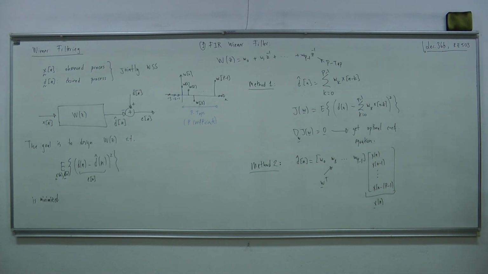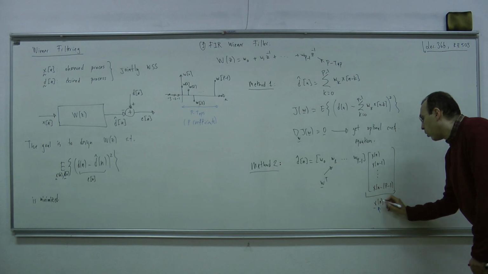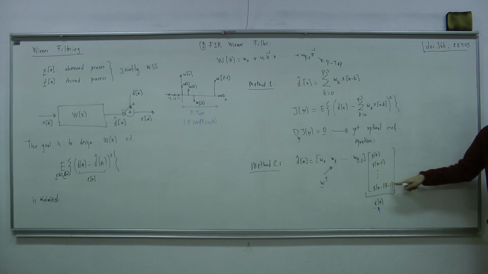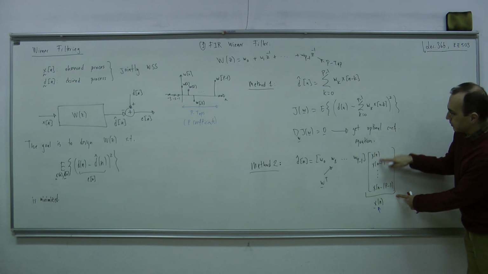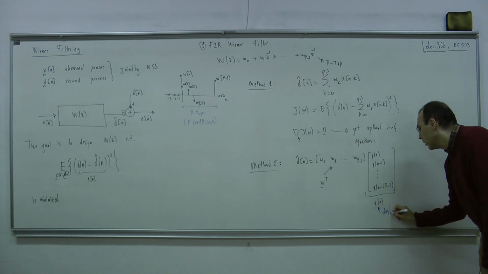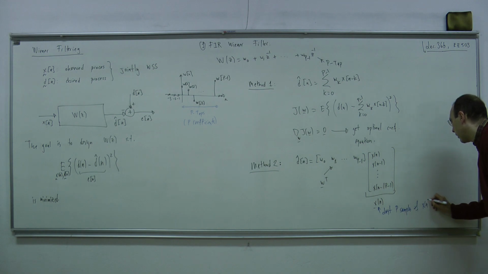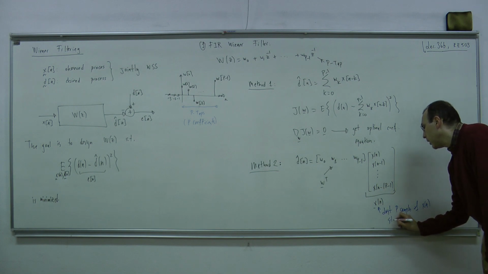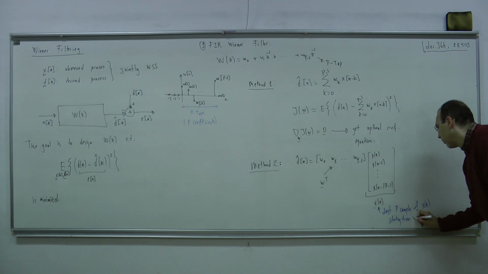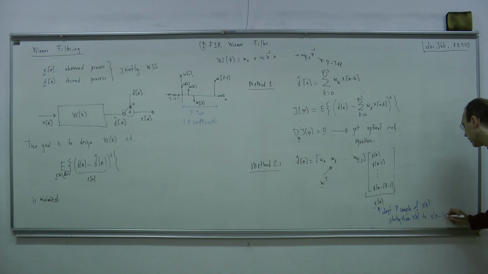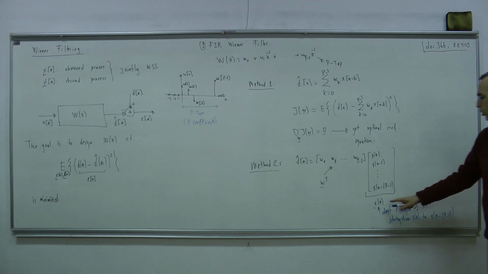Of course, there is some ambiguity, because this is all the samples of x of n in the history, let's say the last p samples, starting from x of n to the last one, x of n minus p minus 1. That is it. So this is my notation.